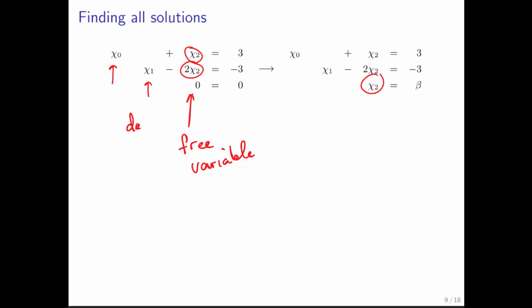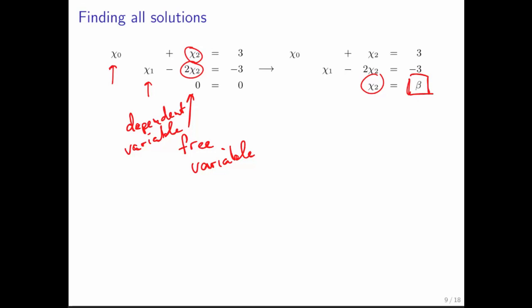So any variable corresponding to a term that's the first non-zero in a row is a dependent variable. The free variable can take on any value, and we'll call it beta. So beta is just an arbitrary value.